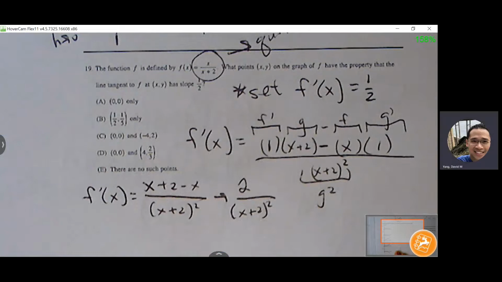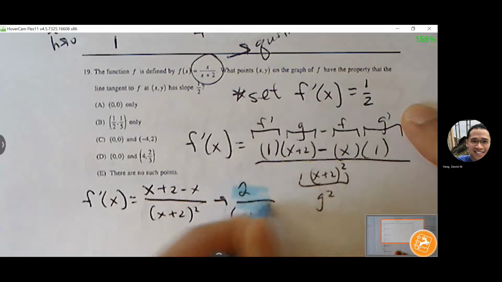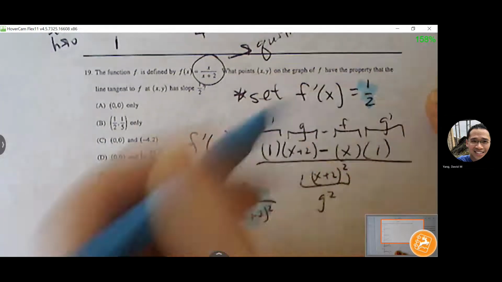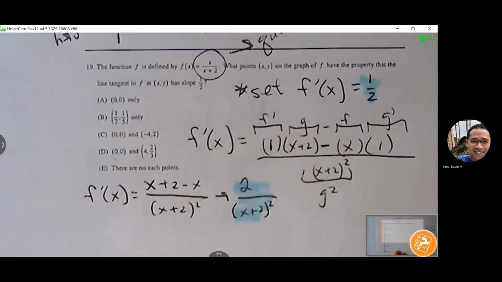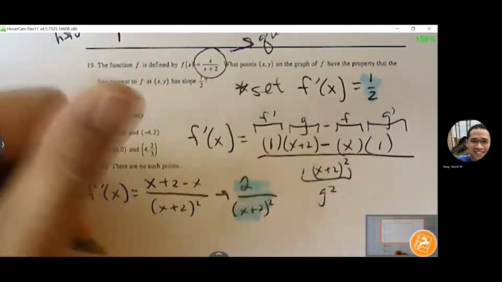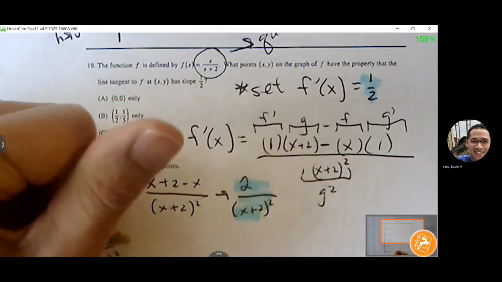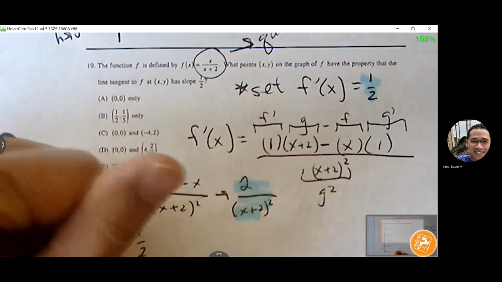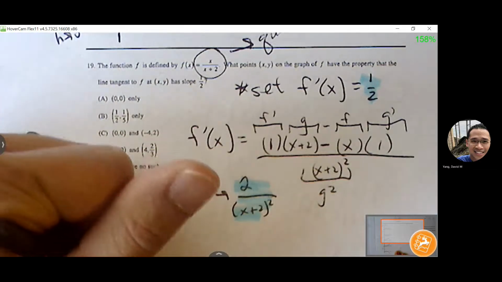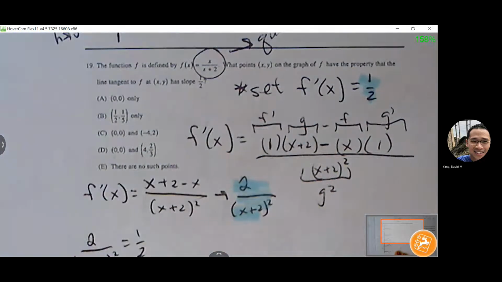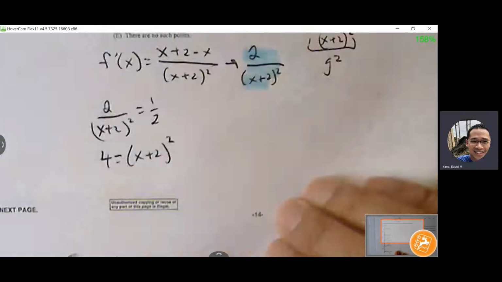So I'm going to set my derivative equal to my slope. Cross multiply, solve for x. Square root of both sides.